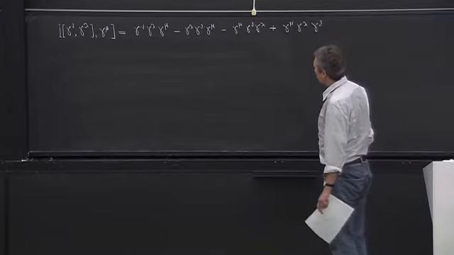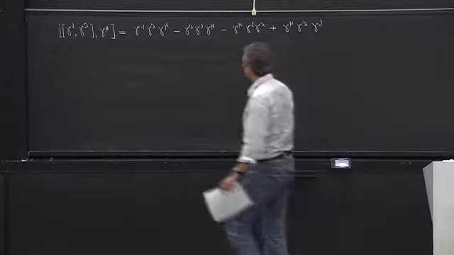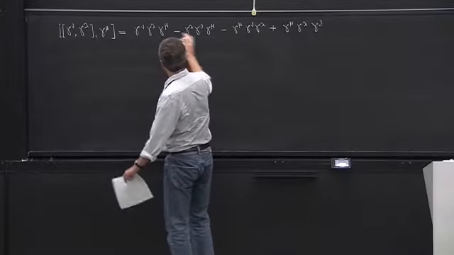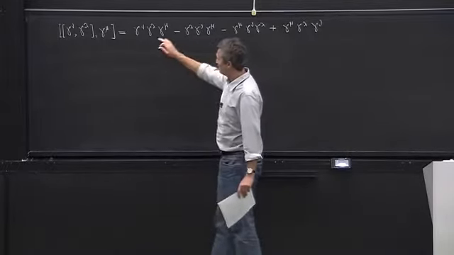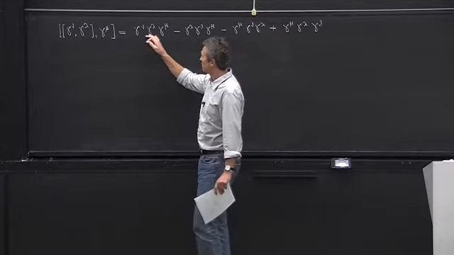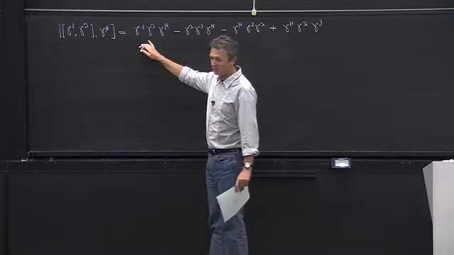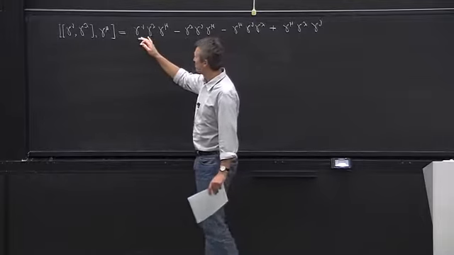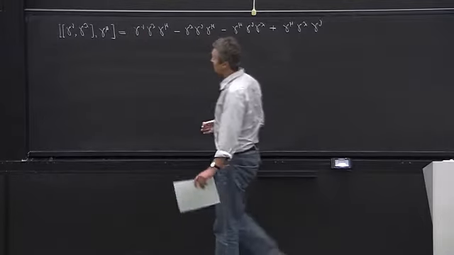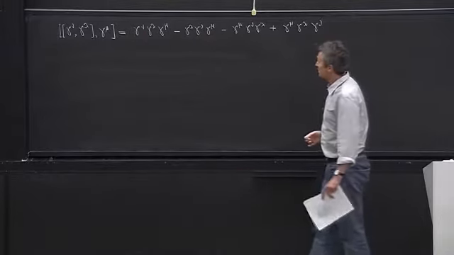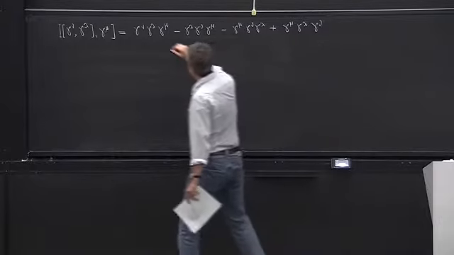So then, to simplify this expression, I combine terms differently. In this commutator formula, these two terms sort of have the same origin, since this is a commutator of the first two Dirac matrices. But let me combine them differently.